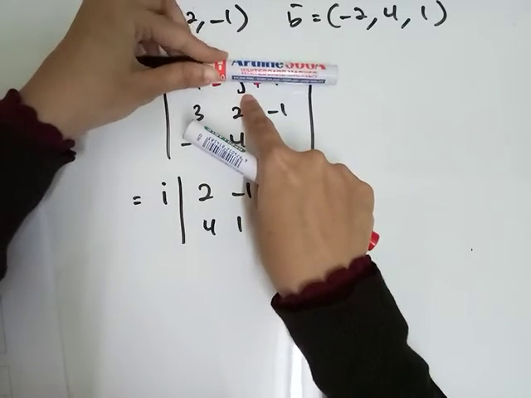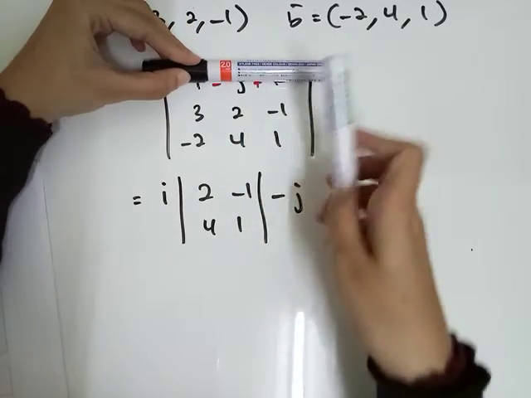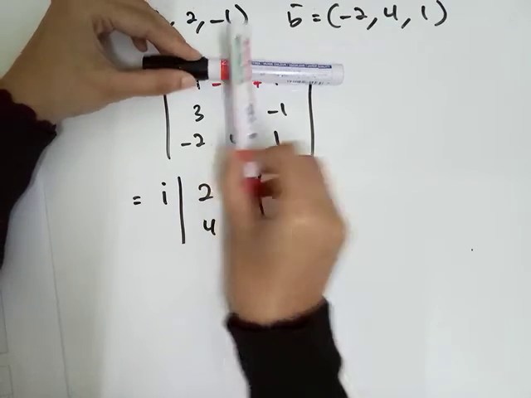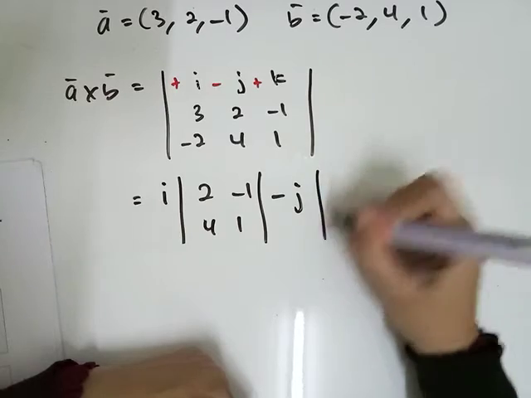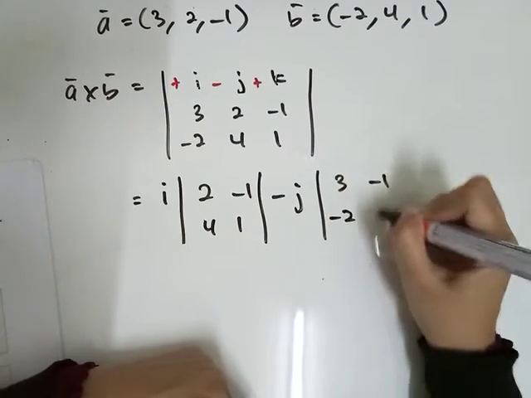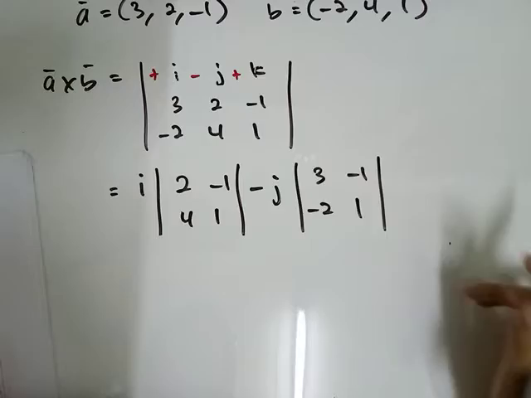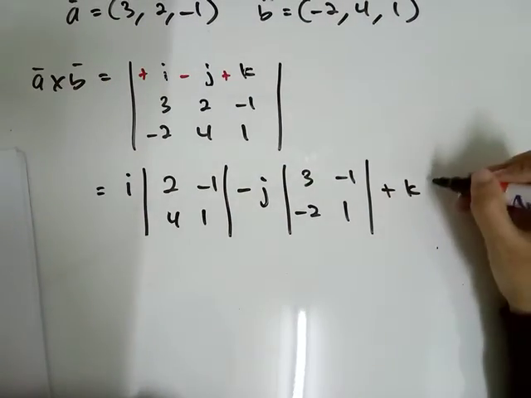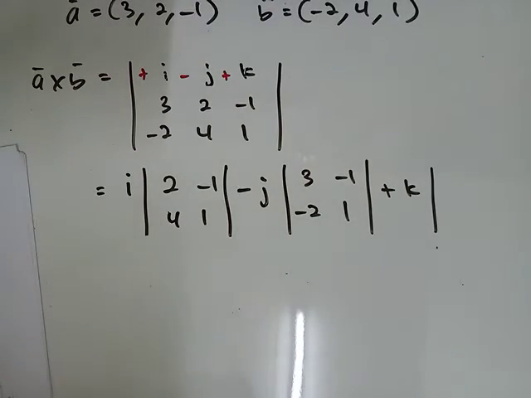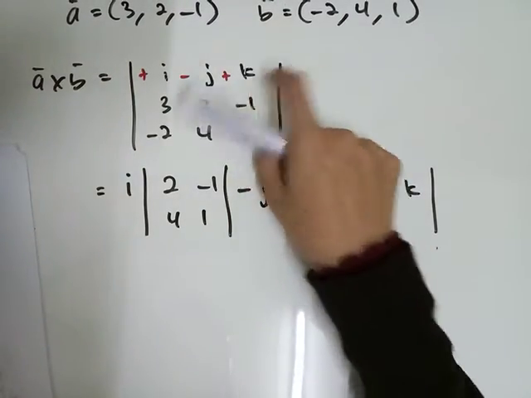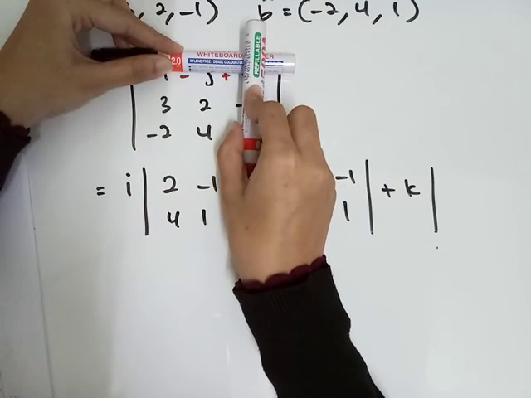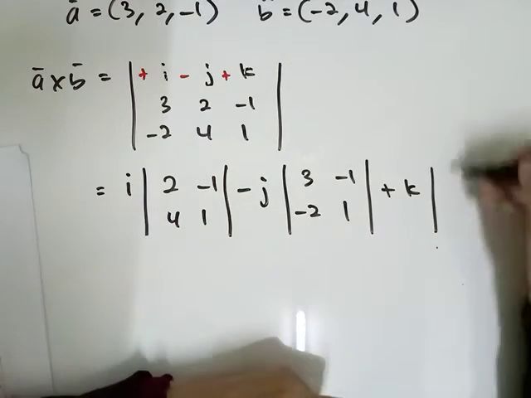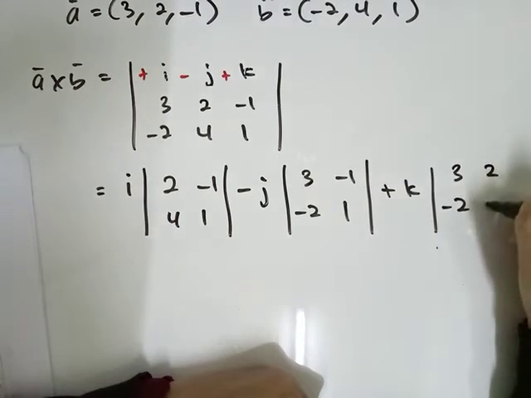Apa yang tinggal? 3, -1, -2, 1. And then the last one, positive K. Eliminate the row and the column at the element for K. Apa yang tinggal? 3, 2, negative 2, 4.